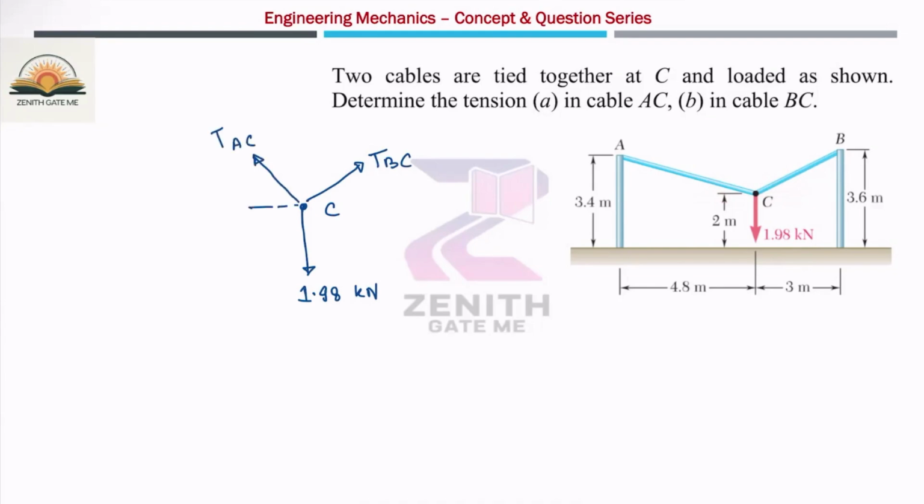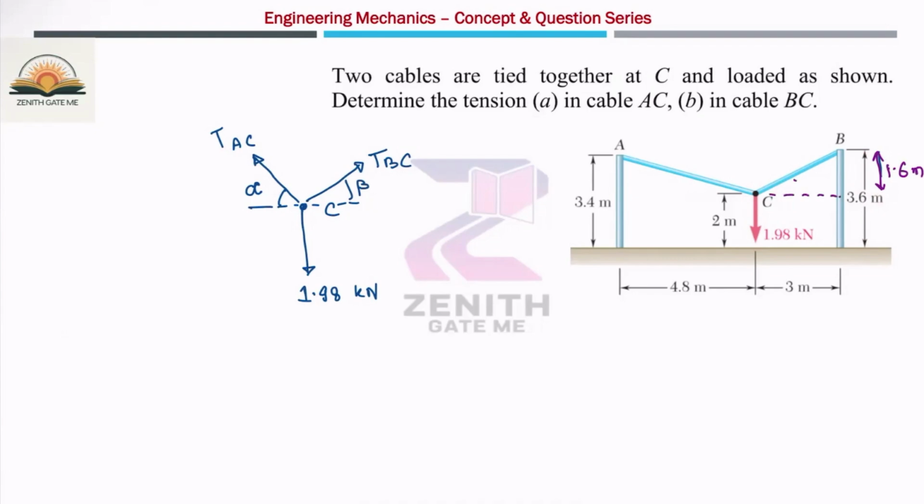Okay, so let us suppose this angle is alpha, and this angle I am assuming as beta. Now this total value is 3.6 and this is 2. So can I write this value will be 1.6, 1.6 meter.